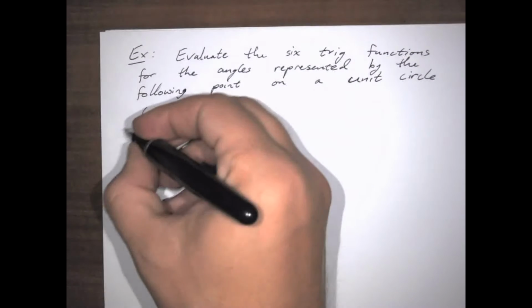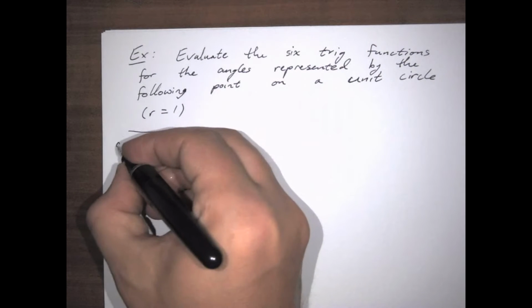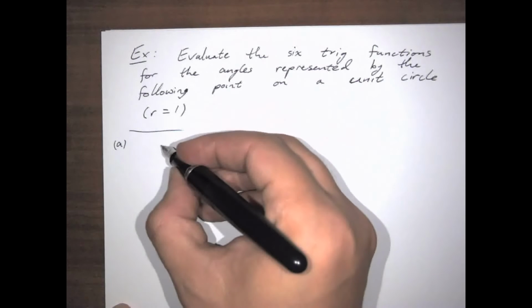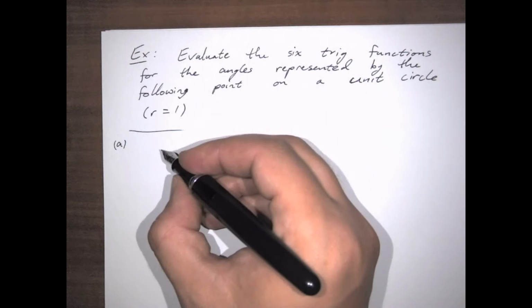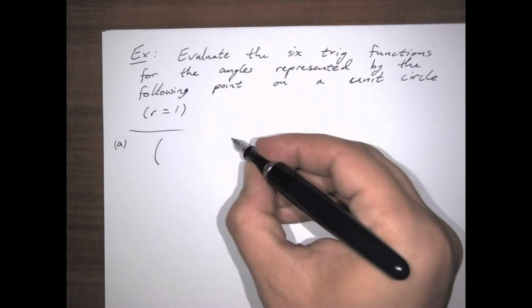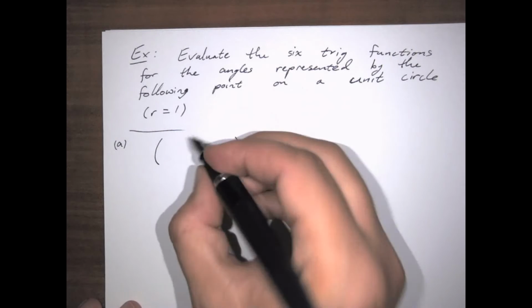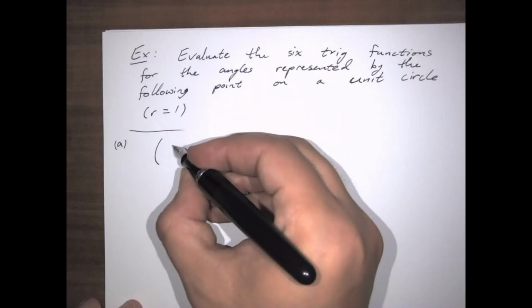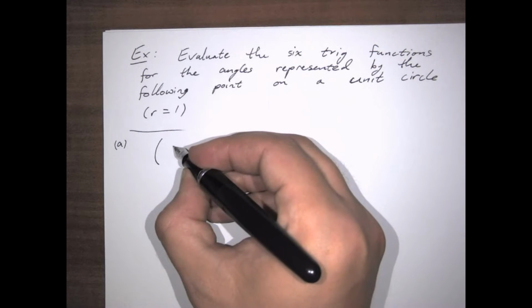So that's an important feature of this first dose of these problems, because it becomes a little bit trickier if r is not equal to 1 by default. All right. So first case, we're going to just have a point x comma y, and let's start with something relatively straightforward to get the ball rolling.